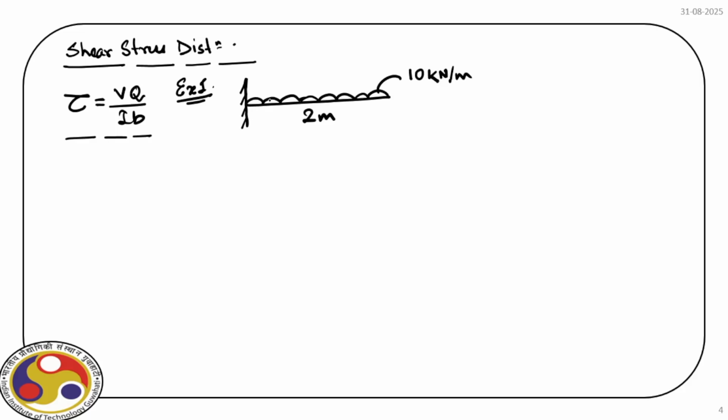For this beam, we have a rectangular cross section, and the dimension is 50 millimeter by 75 millimeter.